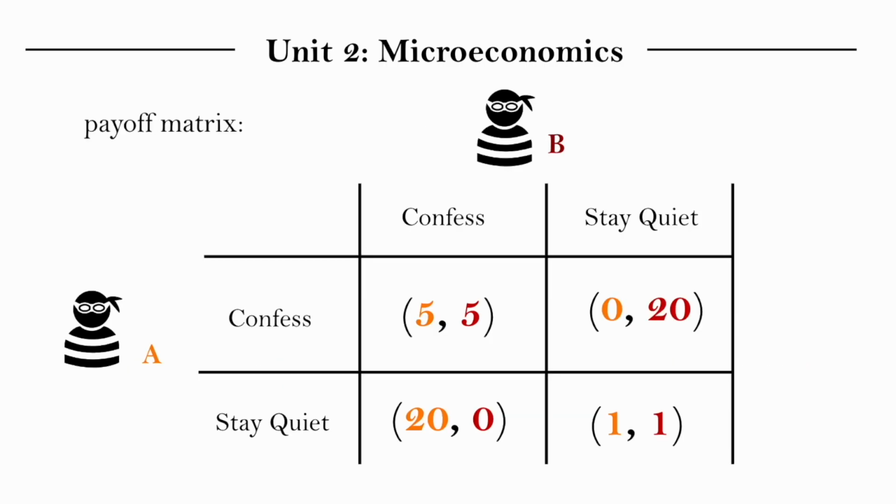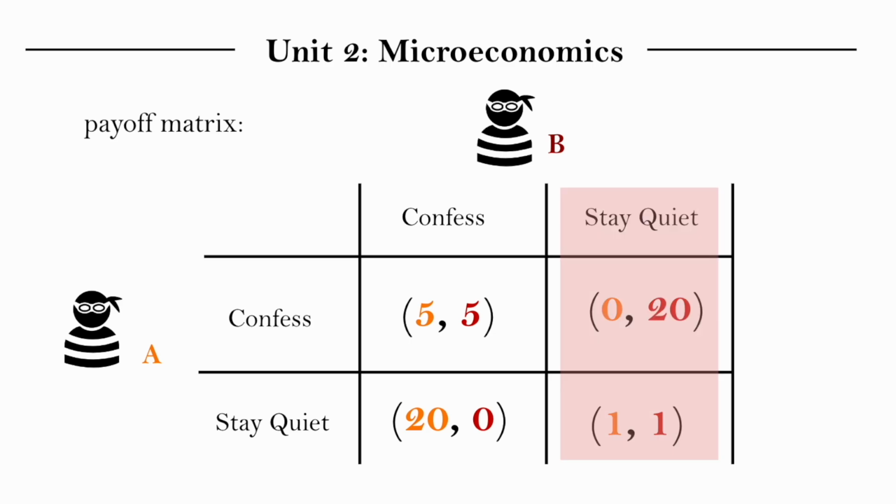Let's look at this from the perspective of A. A cannot control what B will do, so A has to make the choice that leaves them best off regardless of what B chooses. So first think of the case where B chooses to confess. What should A do? A should also confess because 5 years is better than 20 years. So in the case that B confesses, A should also choose to confess.